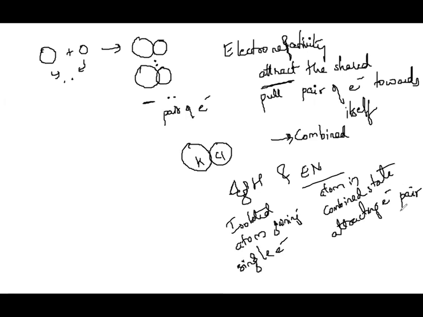Thus electron gain enthalpy is attraction for a single electron, whereas electronegativity is attraction for a pair of shared, or bonded, electrons. Electron gain enthalpy is energy, whereas electronegativity is the tendency.